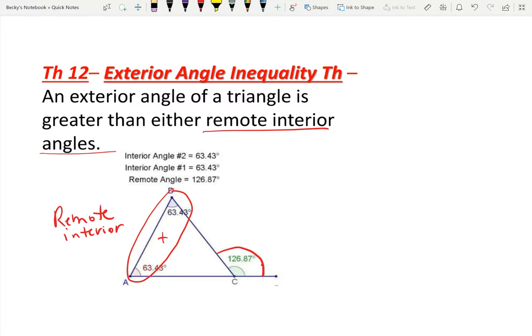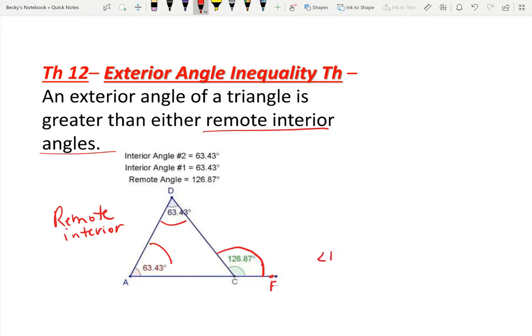But this theorem says that you can take either one of these and this exterior is going to be greater. So I can't just call this angle C. I need another letter. So I'm just going to put an F here.